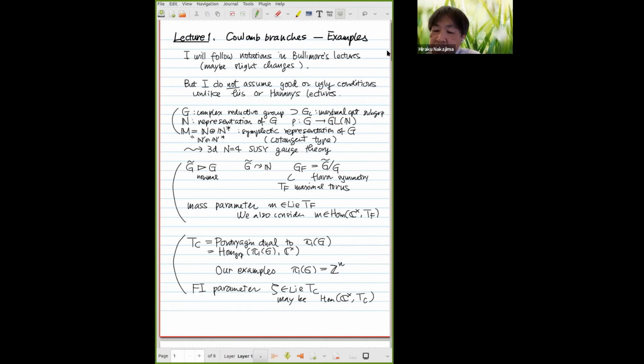Of course, I know that if you look at Hanany's paper, he considered more general symplectic representations, for example nilpotent orbits of the classical groups, so they are usually not of cotangent type. I'm really interested in generalizing this definition, but because of technical issues, I cannot give a definition. So this is the current status.